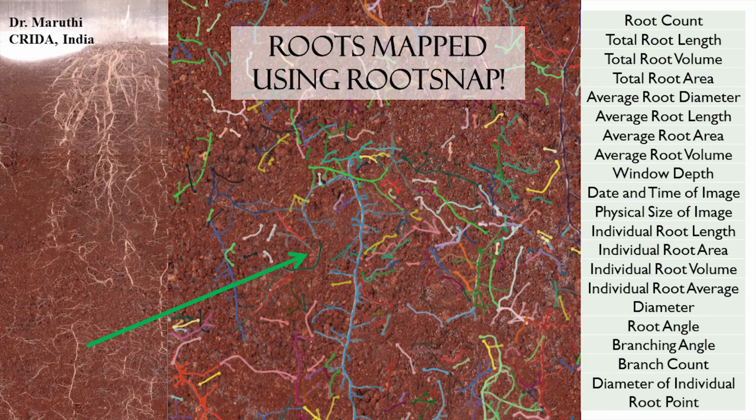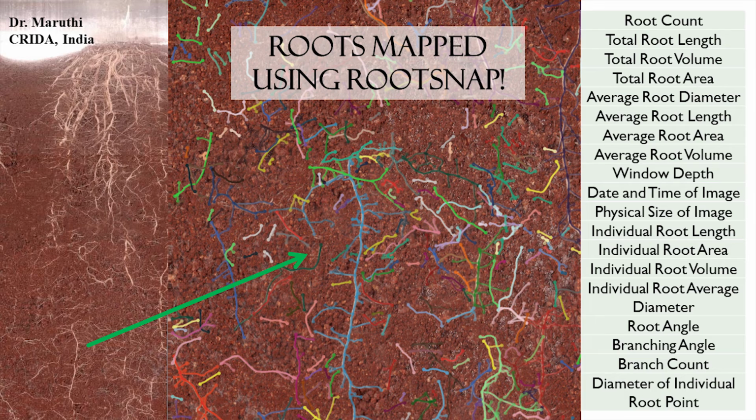Now for just a glimpse of the RootSnap software. On the left is a series of 3 images taken by the CI-600 on maize roots by a user in India. Using the program, the images were stitched together, so that's an image down the length of one root tube.